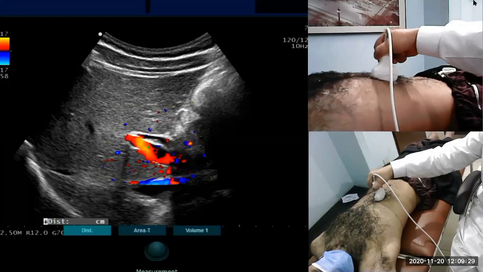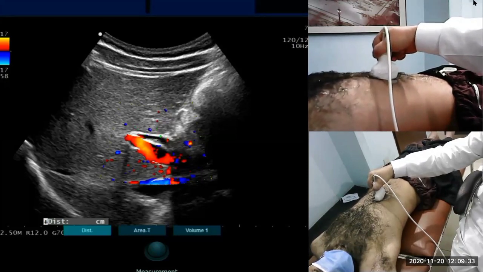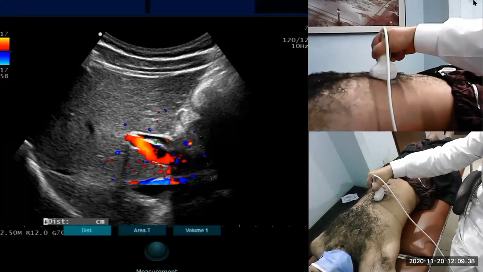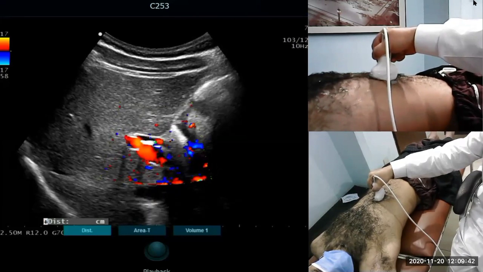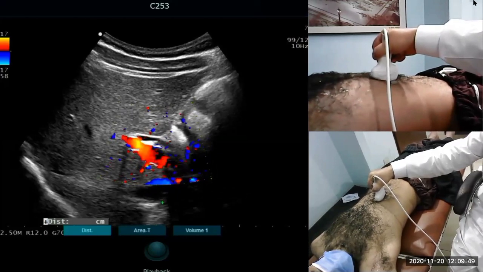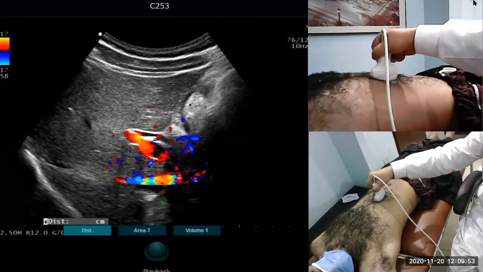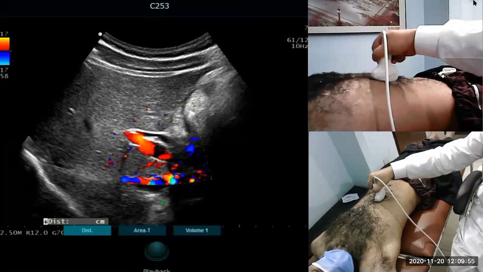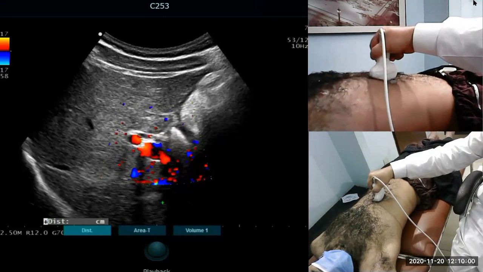So the portal vein, the common bile duct, and this small is the artery. There you see flow in the artery, this one. The duct remains black as there is no flow in the duct.